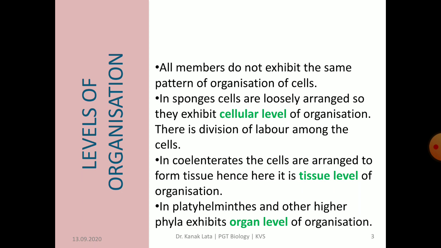In coelenterates, the body is multicellular and the cells occur in two distinct layers or tissues of specialized cells. In some organisms like Platyhelminthes and other phyla, there is organ level of organization, meaning that tissues are organized in the form of different organs to perform separate functions.